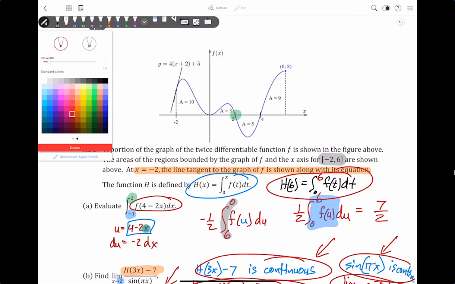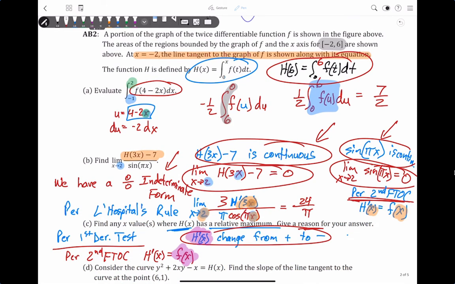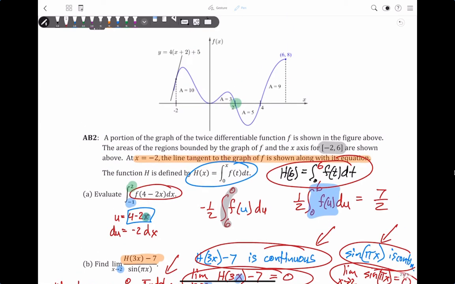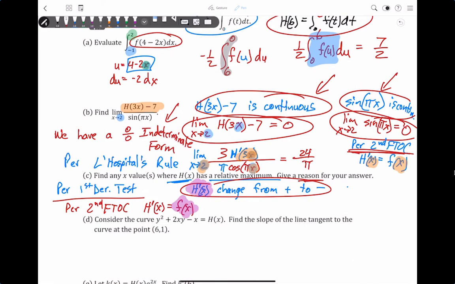Okay, so we're going to say, actually, let me change that up just real quick. h of x has a relative max. Yep, it's going to only do it at 2. That is correct.